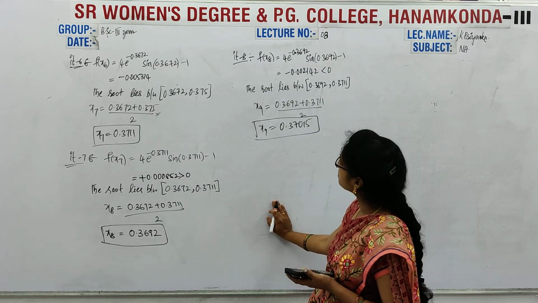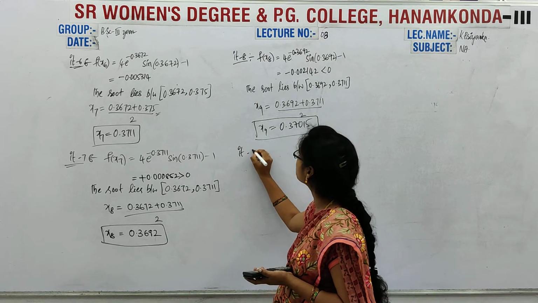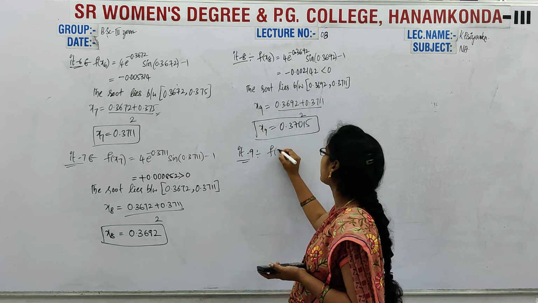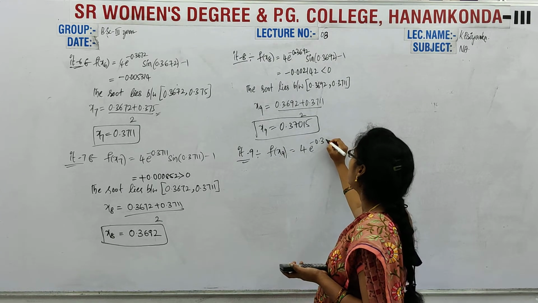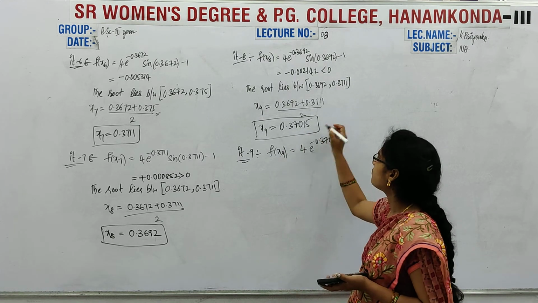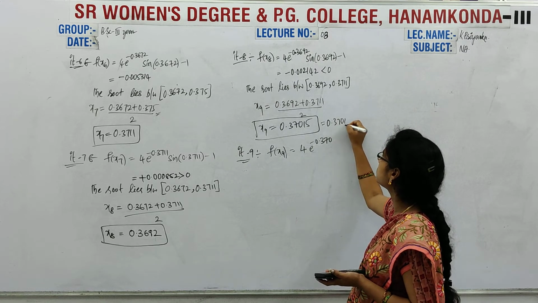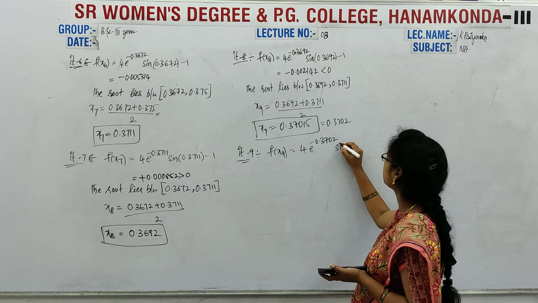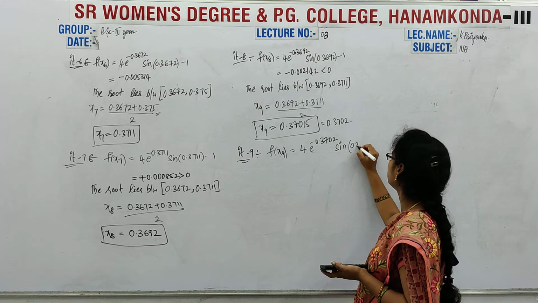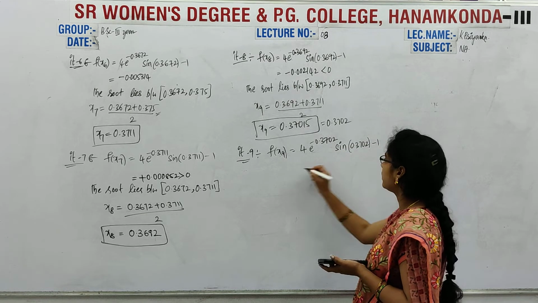Near value but not similar. Again we have to go for the next iteration number 9. And here 0.37015, now I am taking 0.3702. Okay? Now calculate it.